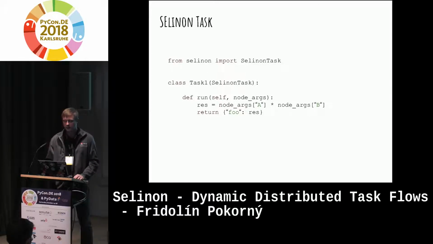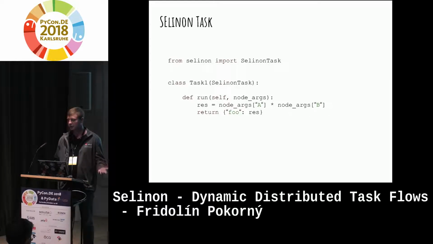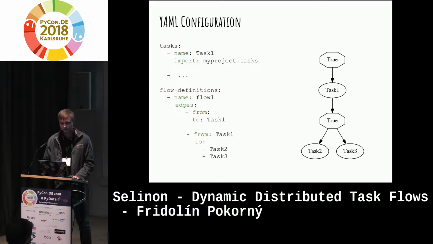In this example, we have a very simple task that basically multiplies, I guess, integers a and b and returns them as a result in JSON. As you can see, there is nothing about storage or how you store data. You simply define how you compute data and you return results.